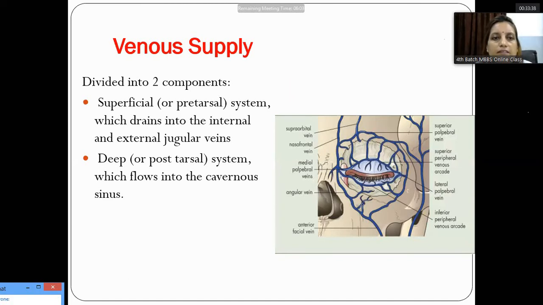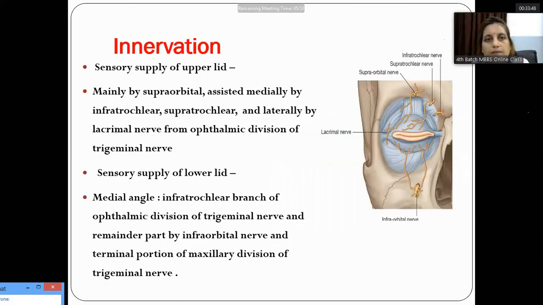Venous supply is by the superficial and deep systems. The superficial drains into the internal and external jugular veins, and the deep system flows into the cavernous sinus. Innervation: sensory supply of the upper lid is mainly by the supraorbital nerve, assisted medially by the infratrochlear and supratrochlear, and laterally by the lacrimal nerve from the ophthalmic division of the trigeminal nerve.